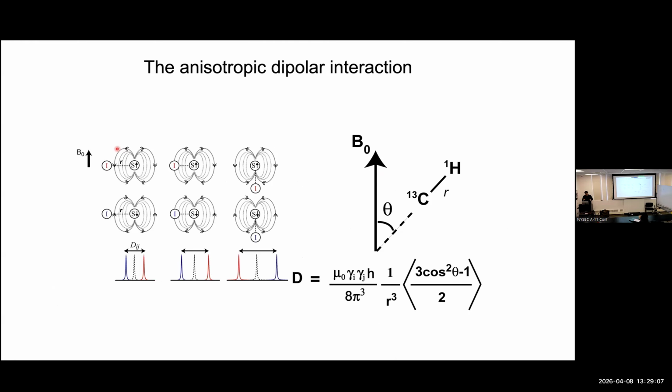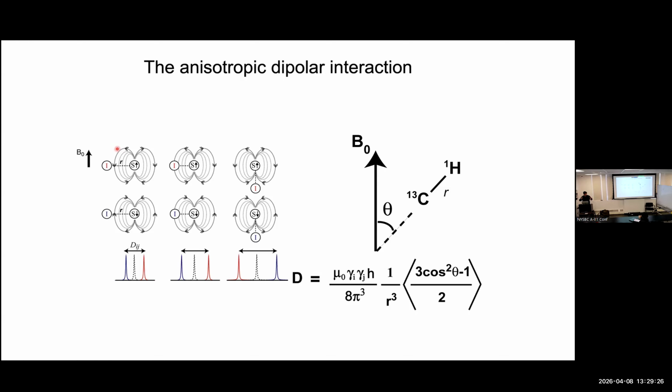Okay, so in solution, the dipole interaction averages to 0 because of our sine theta distribution function, and dipole couplings disappear from observation. However, of course, we would love to measure dipole couplings because they depend on the orientation relative to the magnetic field.